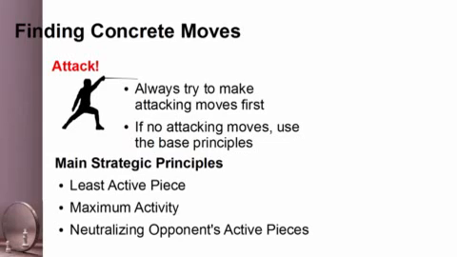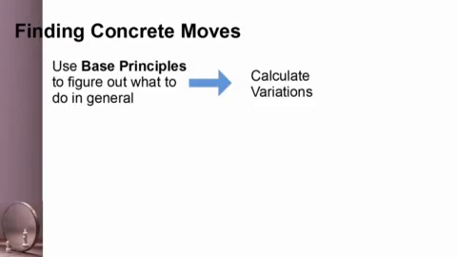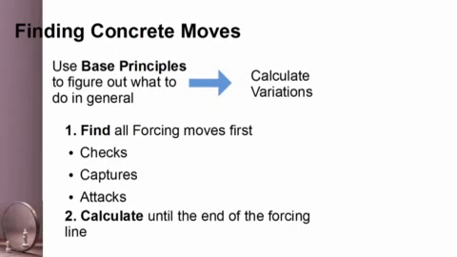After realizing which move should be the best according to the general principles, you then need to check the concrete variations. When calculating, you should find all the forcing candidate moves first, and calculate them until the end of the forcing line. This way of thinking will help you to find the best move in any position.